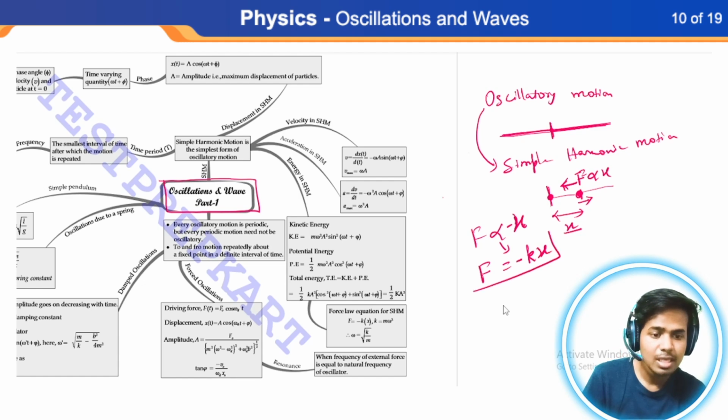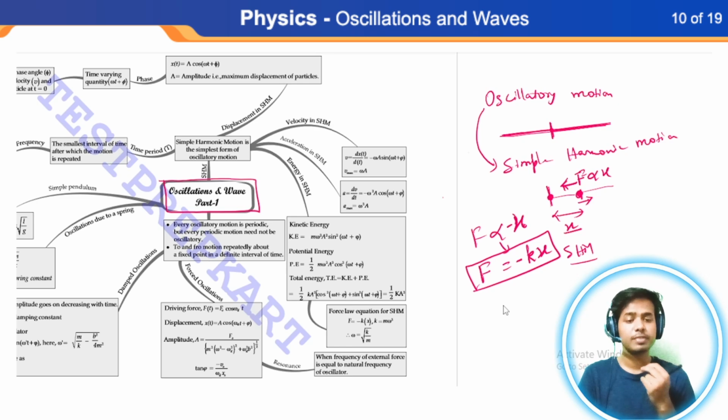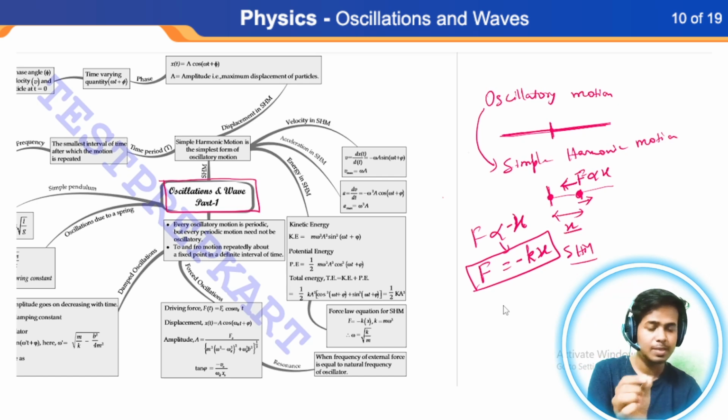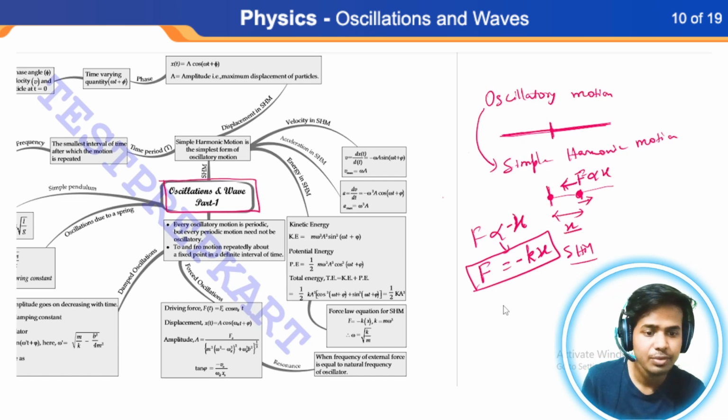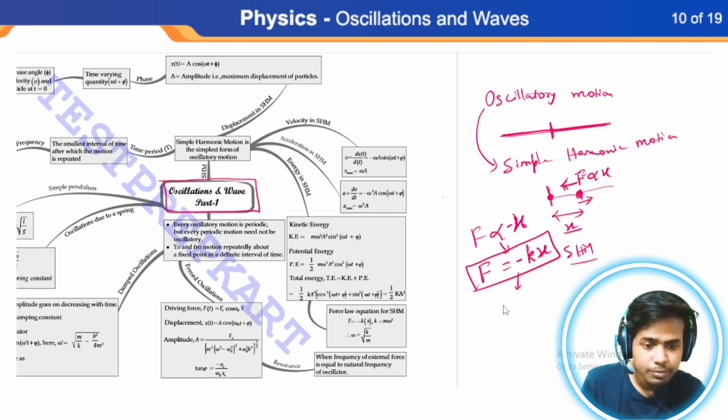Now this is the basic definition of SHM. Whenever you have to apply the properties of SHM, you may take the help of this equation at the fundamental level. Everything in simple harmonic motion is derived from this equation. For example, if this is force, then I can write it as mass into acceleration is equal to minus kx.